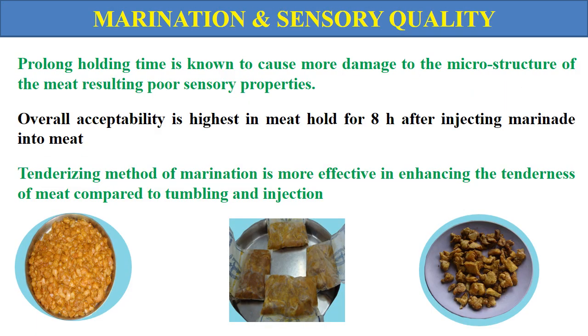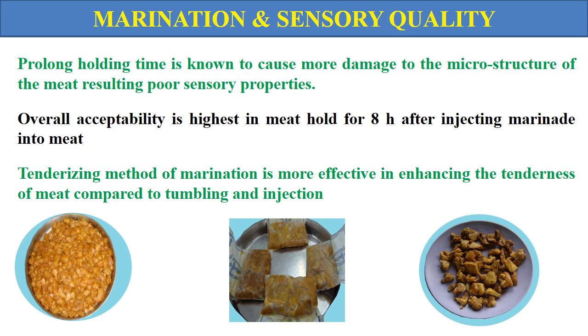Now we will see the effect of marination on sensory quality. Firstly, prolonged holding time is known to cause more damage to the microstructure of the meat, resulting in poor sensory properties. If we hold the meat long under marination, there can be more damage to the microstructure.